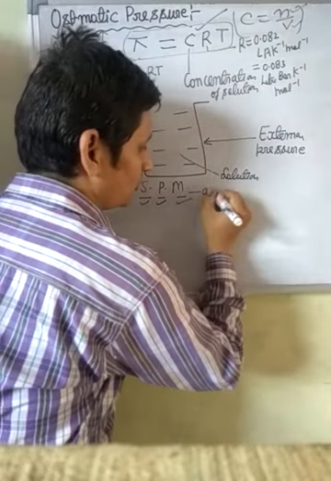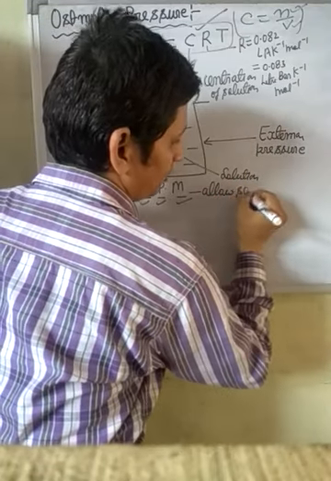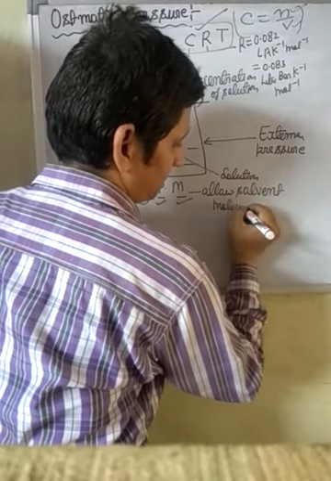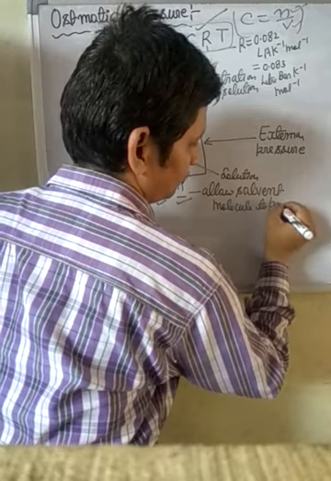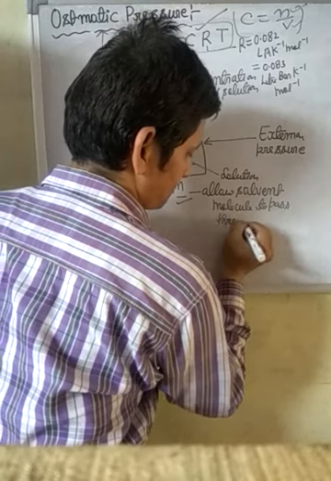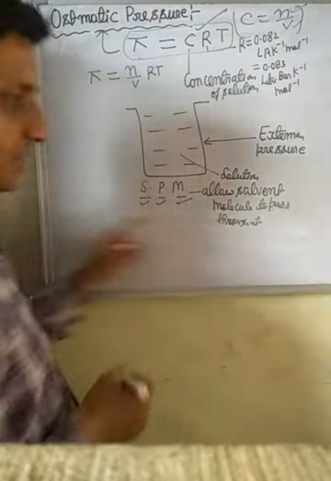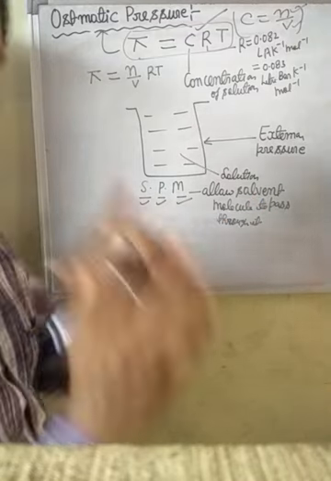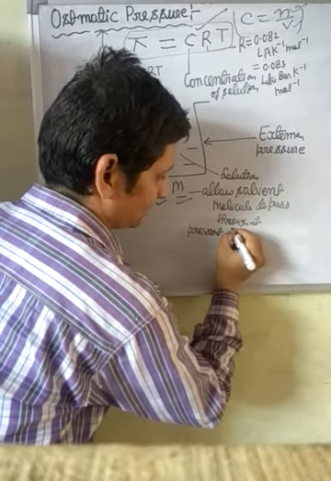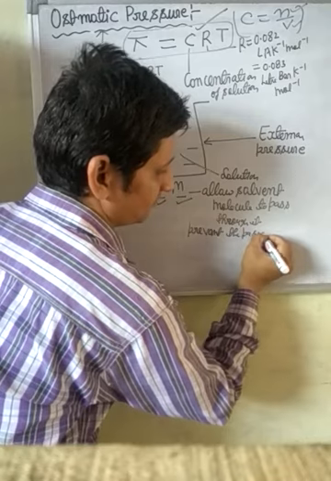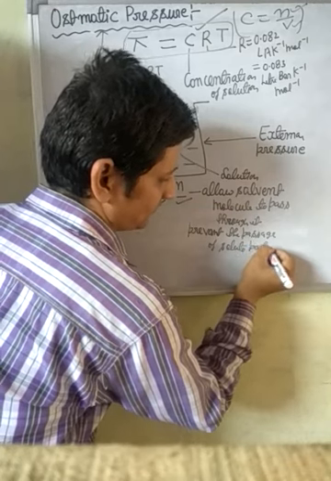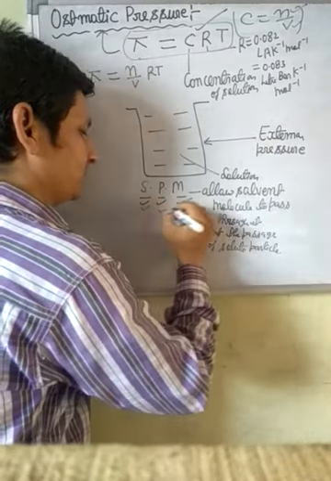A membrane which allows solvent molecules to pass through it but prevents the passage of solute particles is called a semi permeable membrane.